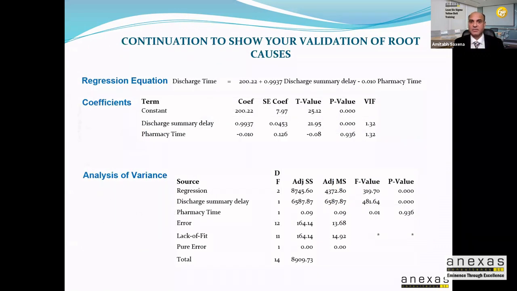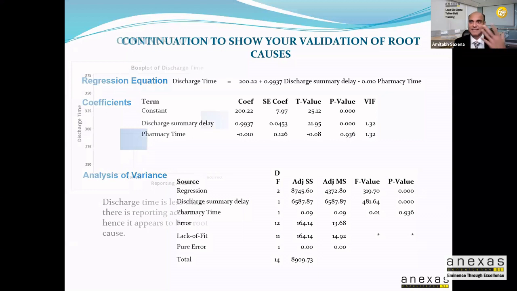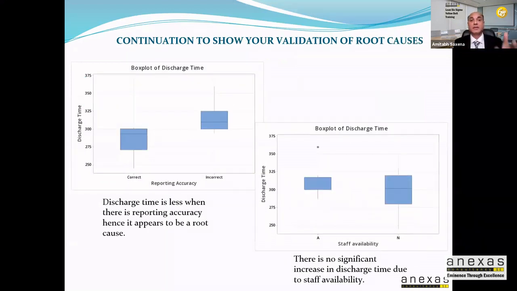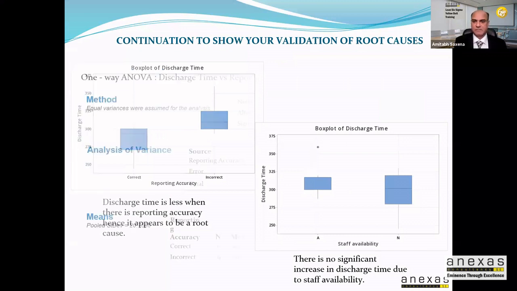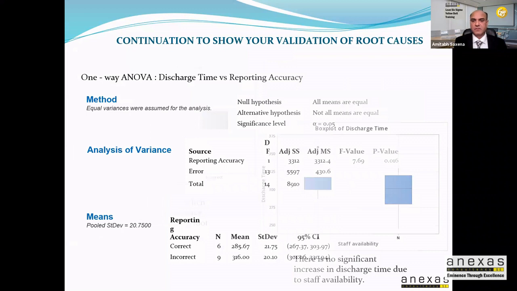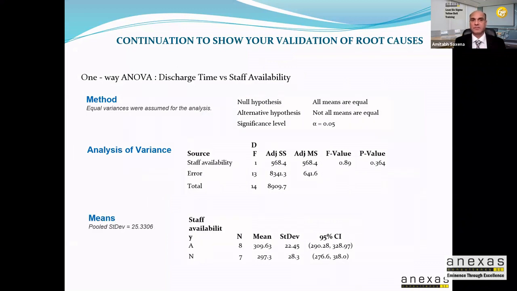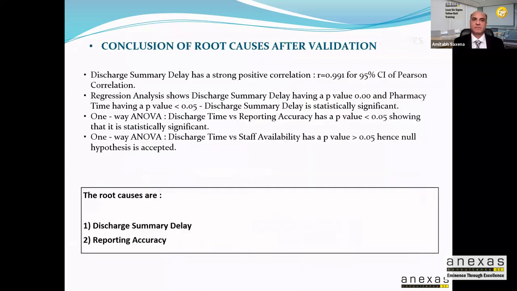I haven't discussed them, but you can even do ANOVA, analysis of variance, and regression as well. So here, attribute data analysis showed that reporting accuracy is affecting, and staff availability is not the root cause. So this is how we actually do our project.